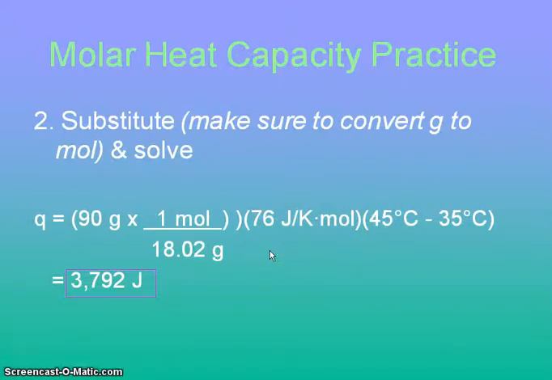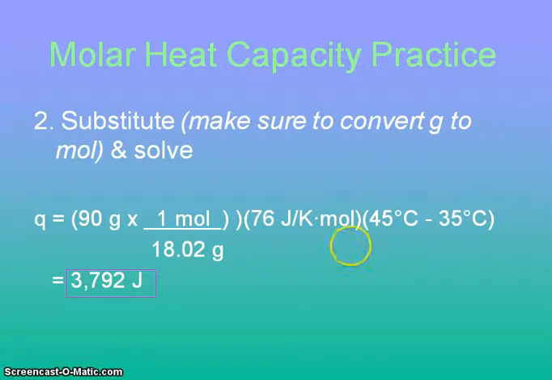Now, another thing that you can do with this type of problem is, you can see our mole units will cancel, and then our molar heat capacity is in Kelvin, and our temperature here I left in Celsius. That's possible to do because Celsius and Kelvin degree signs are the same sizes.